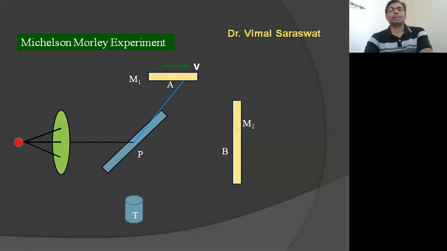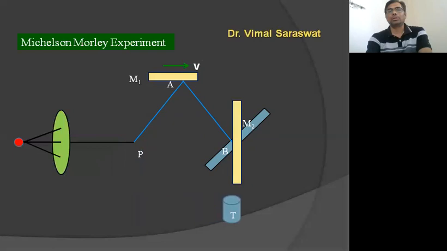This light ray is reflected from here, and during this time the semi-silvered glass plate also moves along this path. So this will be the path of the light ray.